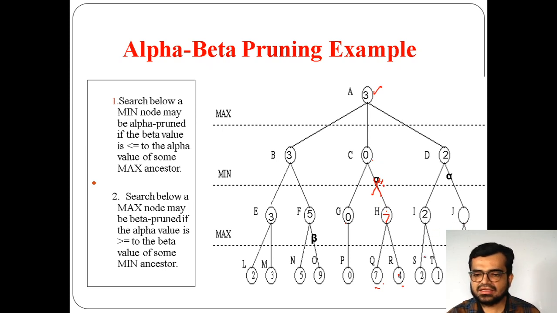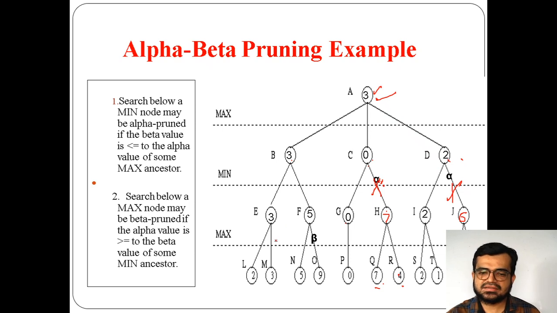In the same way, here also if I take 5 and 6, which is the max value? 6. Now 2 and 6, if I compare, what will be the minimum value? 2 only, right? And again here also it is 3. So there is no update here, because among 3, 0 and 2, which is the max value? 3 only. That's why we are pruning this part.